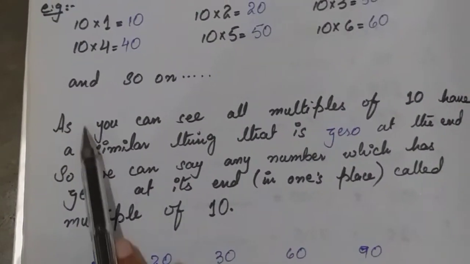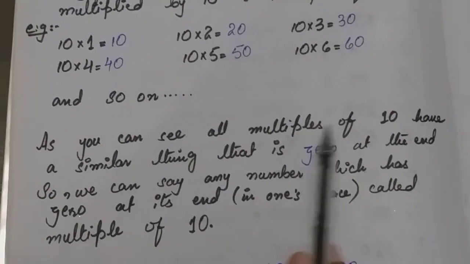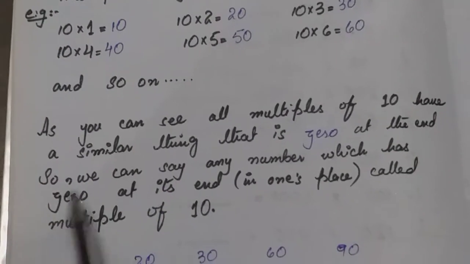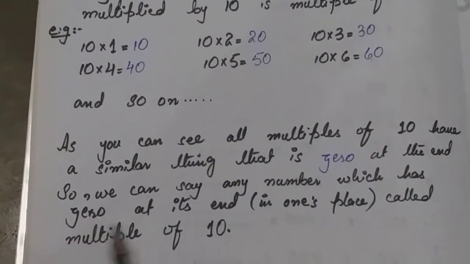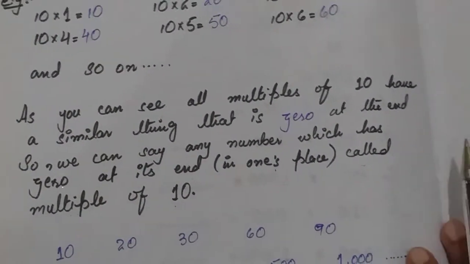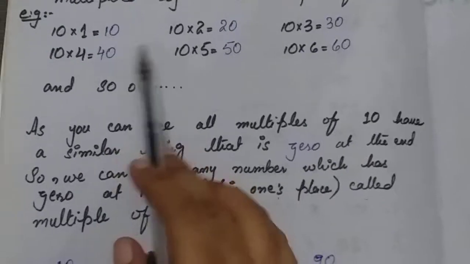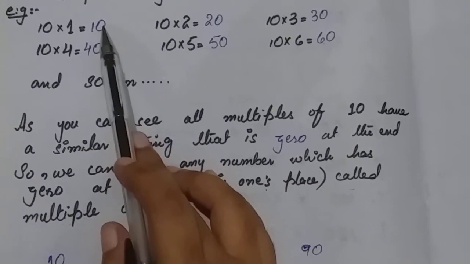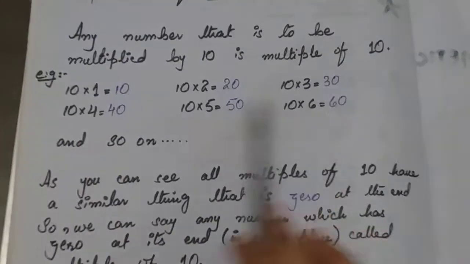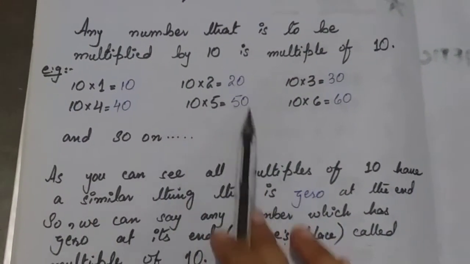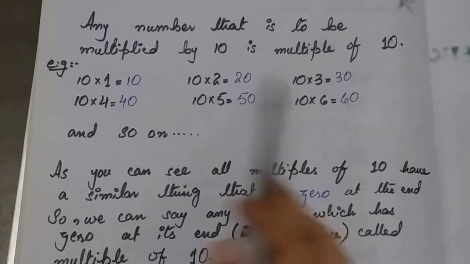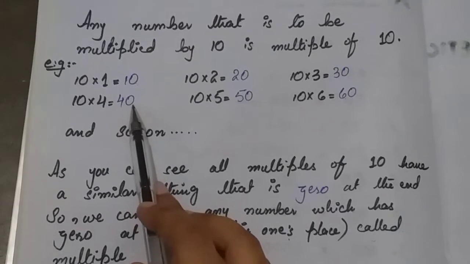So we can say, as you can see, all multiples of 10 have a similar thing, that is 0 at the end. So we can say any number which has 0 at its end in the ones place is called a multiple of 10. For example, students, these are the multiples of 10: 10, 20, 30, 40, 50, 60 and so on. In all these numbers we have 0 in the ones place.